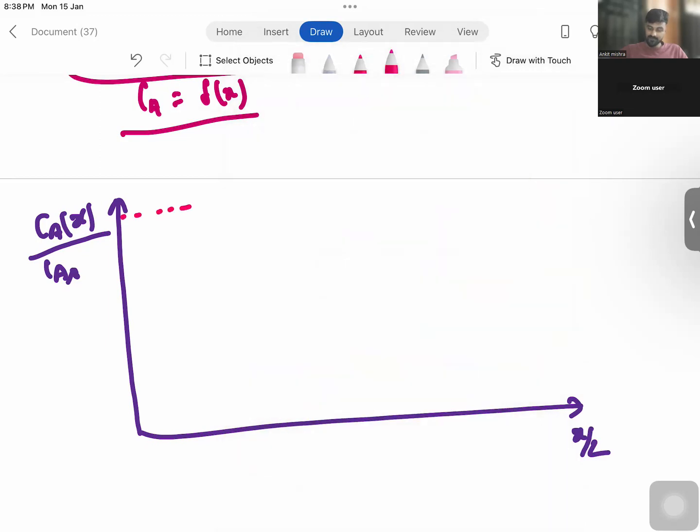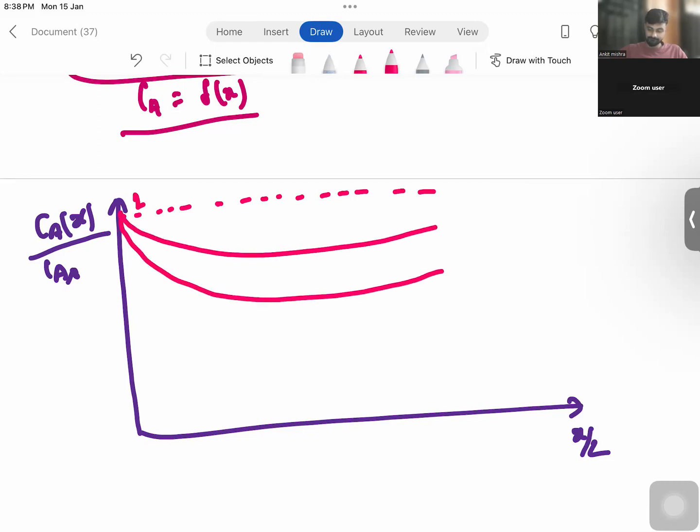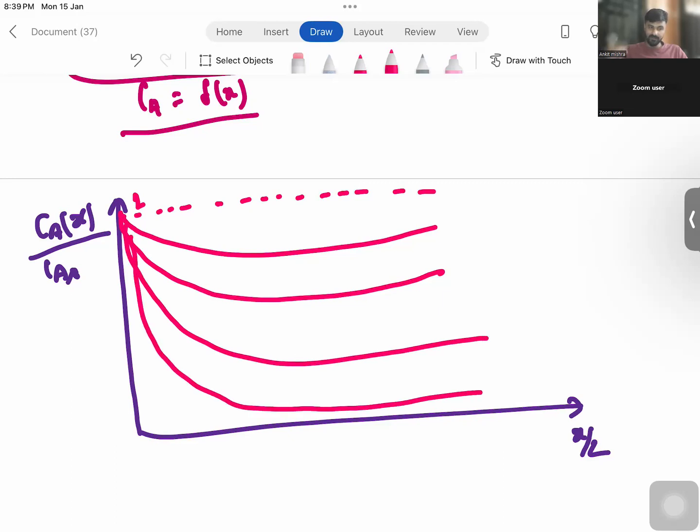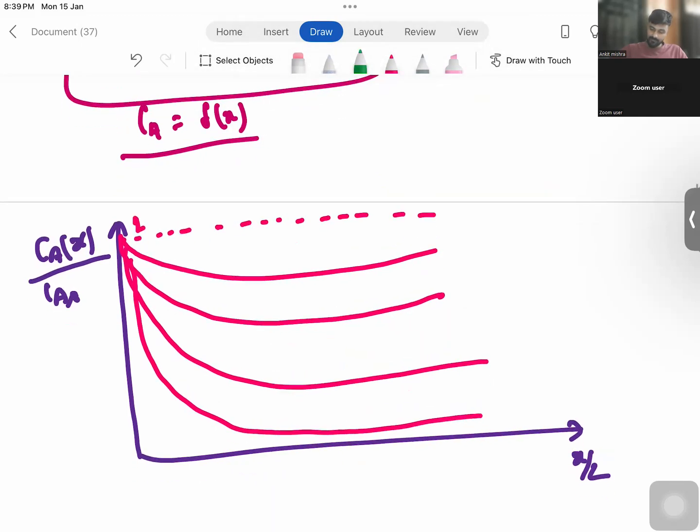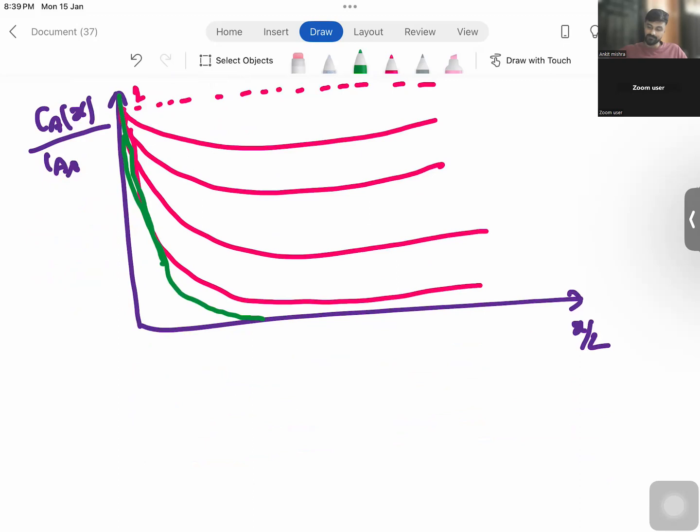Let's say the ratio can go maximum up to 1, and it will go like that.